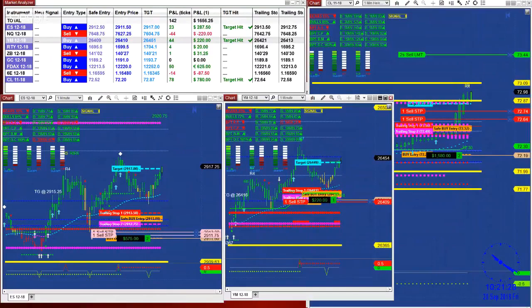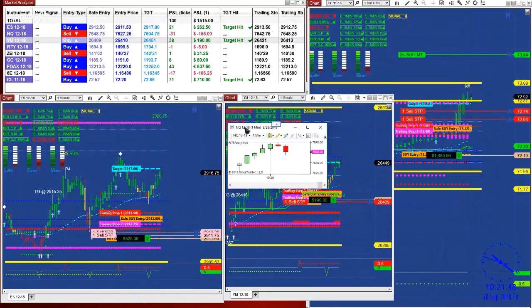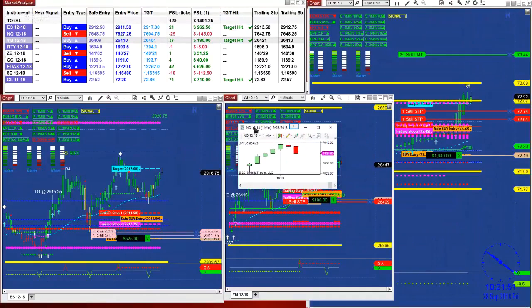I tell you what, I can find out from the NinjaTrader 7. NinjaTrader 7 will never let you down. The Nasdaq is at the 36 level. Yeah, it is 34.50 right now. No, 34.50.